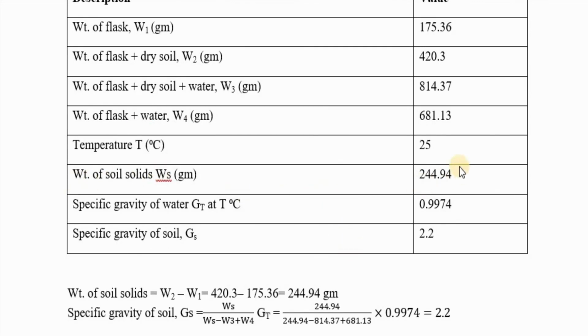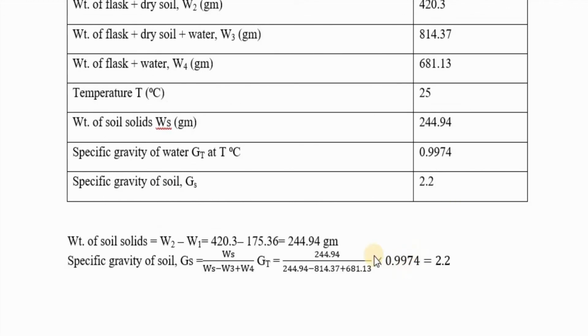Here is also the calculation given. The temperature was 25 degrees Celsius. Depending on the temperature, the value of Gt is 0.9974. After calculating all of these in the equations, you can find the specific gravity, that means Gs, and here the value of Gs is 2.2.